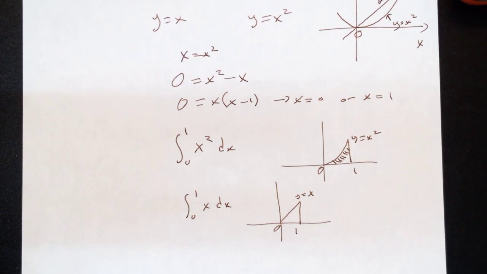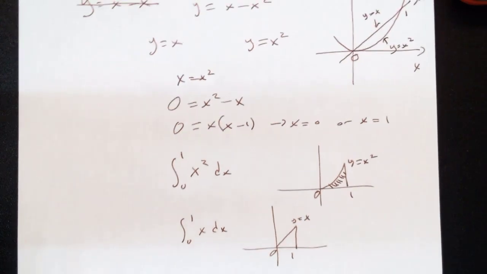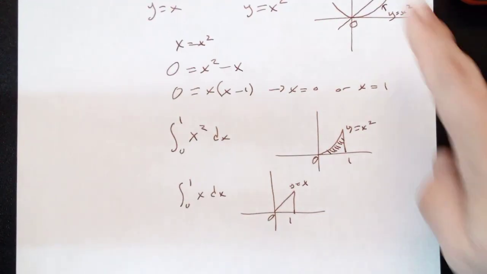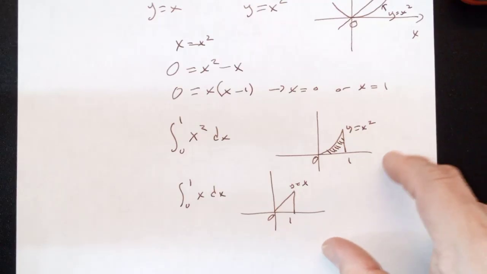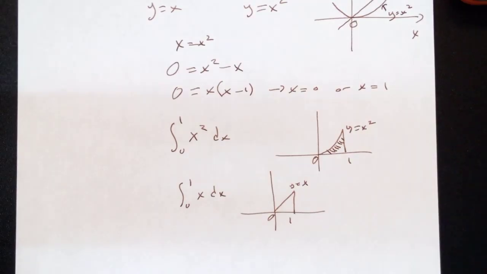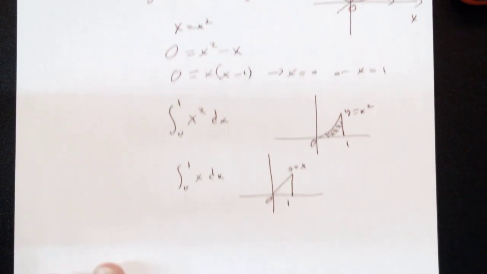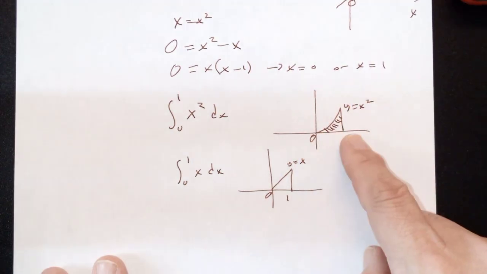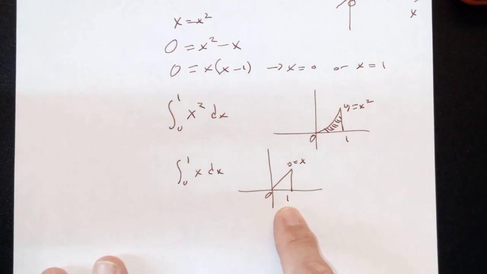But the thing I want is the area of this shape. How do I get this one from these? Subtract what from what? Aha.